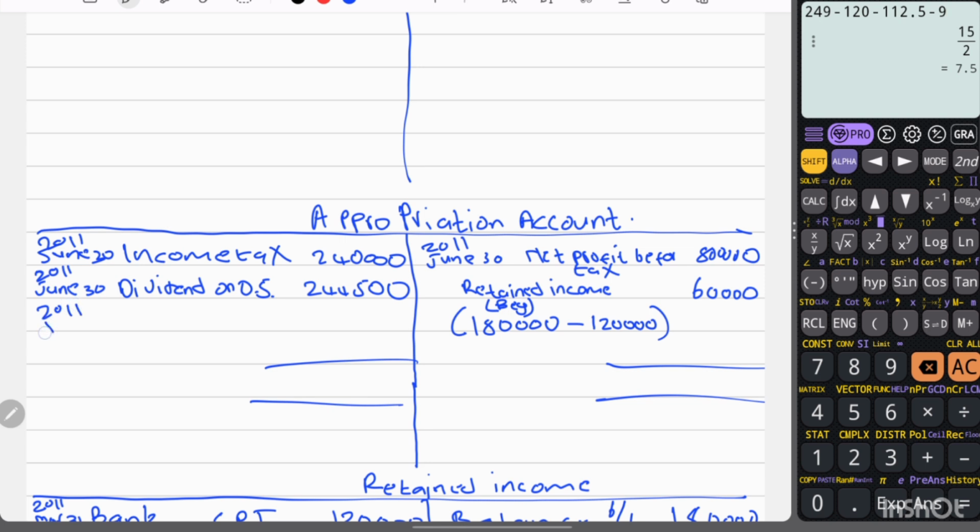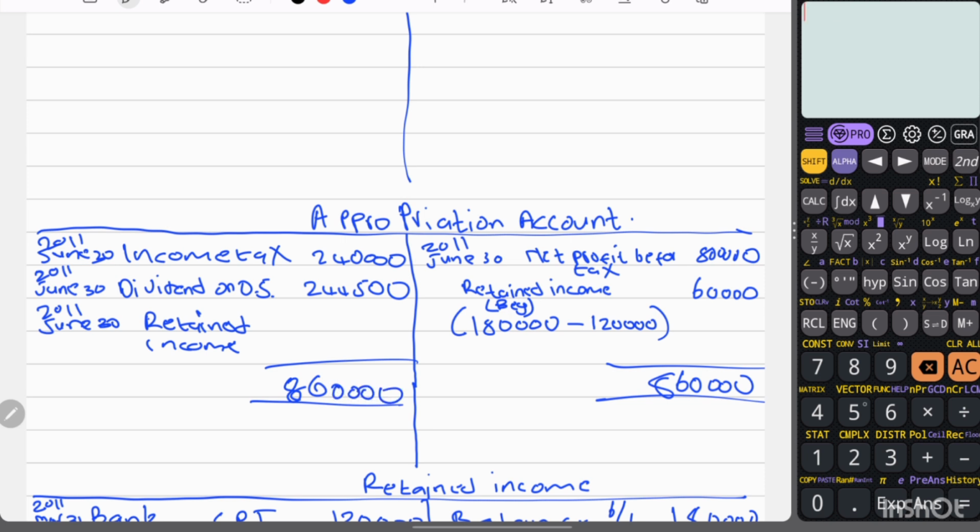Remember, the main purpose of doing the appropriation account is to calculate what now? The returned income. All right. Let's get the balances now. The bigger side is obvious, the credit side, 860,000.